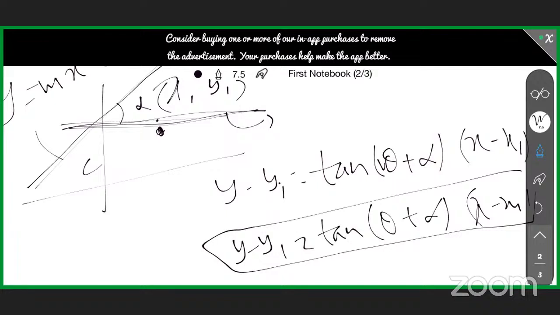Write everything: formulas, theorems, not the proofs, just the formulas and theorem statements. So while solving the problems, it will be easy. While solving the problems, I'll be asking you: tell me the formula, tell me what concept we are doing. So we'll start the problems from today itself.